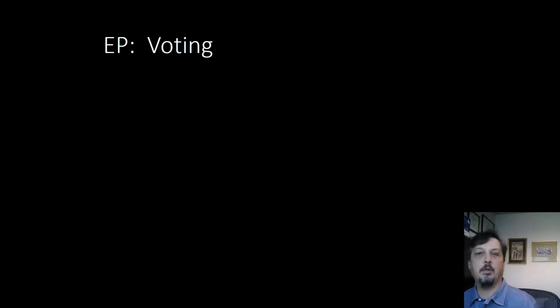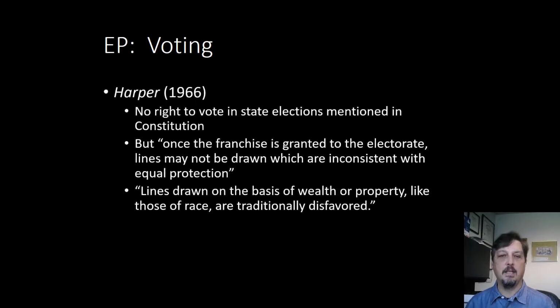We then talked about equal protection and voting. And as we looked at this, we said that there is no basic right in the Constitution to vote in state elections. And what we mean by this really is that there's no basic rule in the Constitution that says to states how they have to structure whether or not certain offices are elected offices.